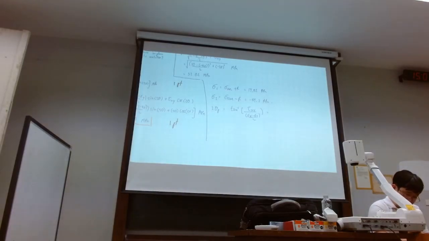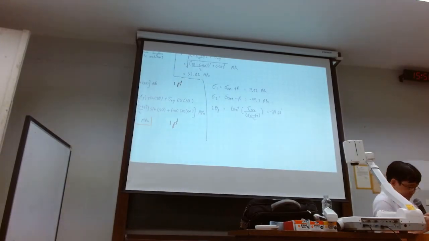So this is 38.66 degrees. That's the 2 theta p that I have from the arctangent. So minus 20 over 25.